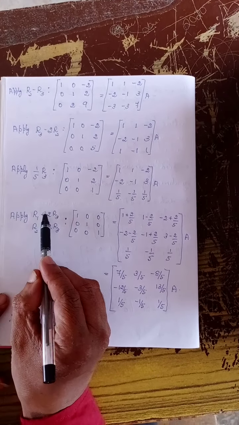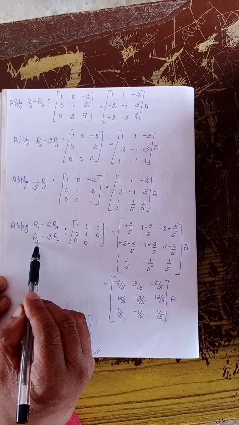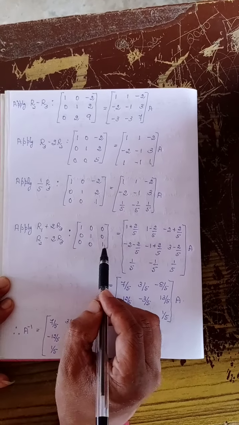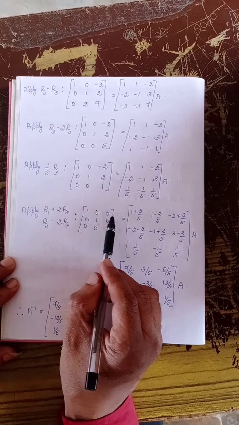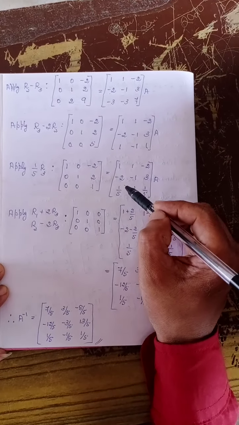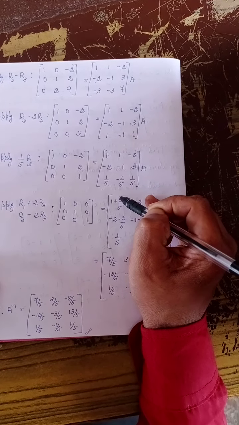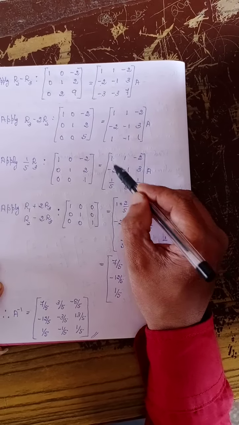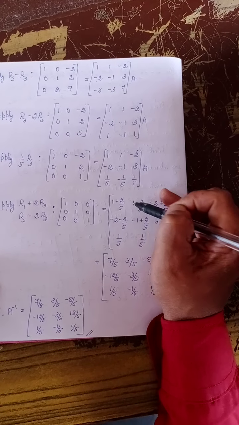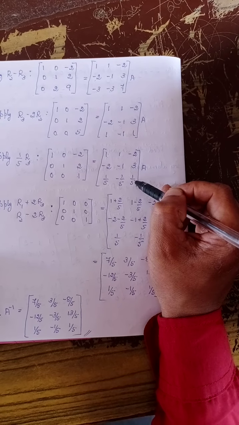Now again, row 1 is added to 2 times the row 3 elements, and row 2 minus 2 times the row 3 elements, so that we get completely the identity matrix, 1 0 0, 0 1 0, 0 0 1, equal to: row 1 plus 2 times row 3, 1 plus 2 into 1 by 5, that is 7 by 5, then 1 minus 2 into 2 by 5, and minus 2 plus 2 into 1 by 5.